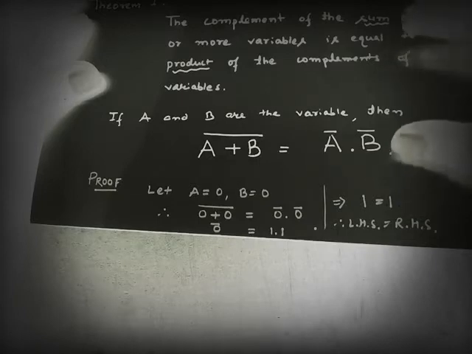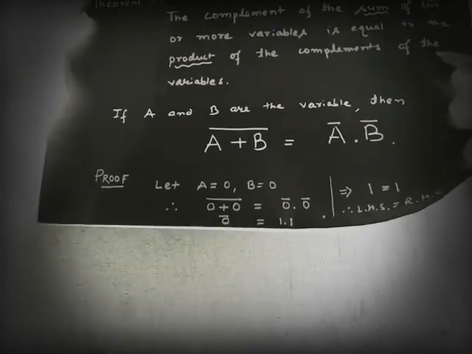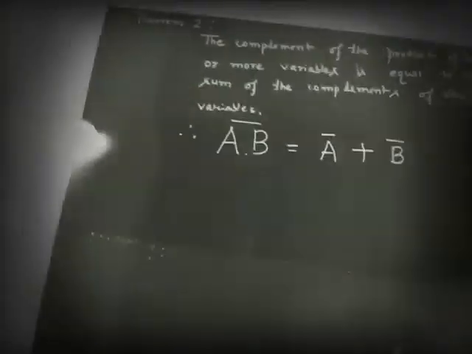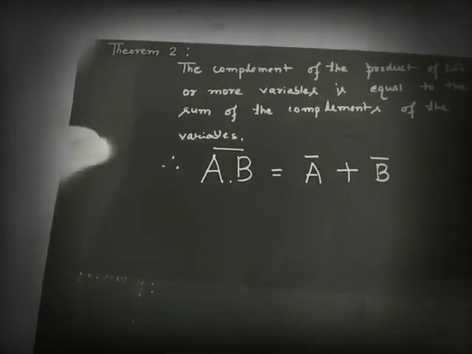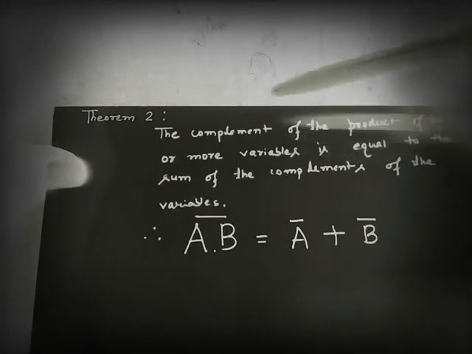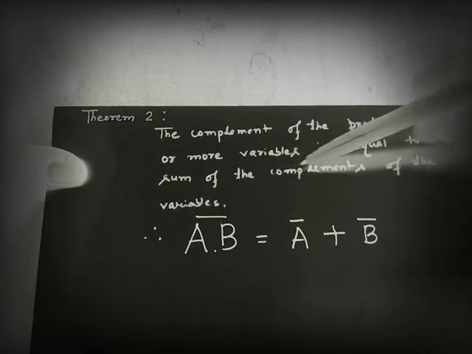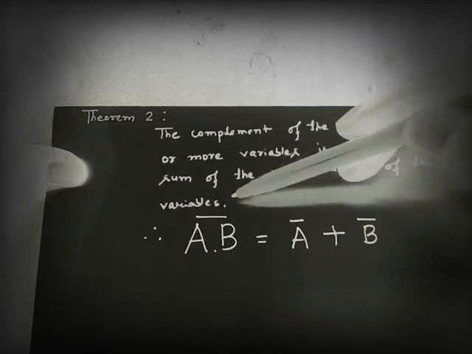So this is theorem 1. Next I am going to tell you theorem 2. What is theorem 2? Theorem 2 states that the complement of the product of two or more variables is equal to the sum of the complements of the variables.